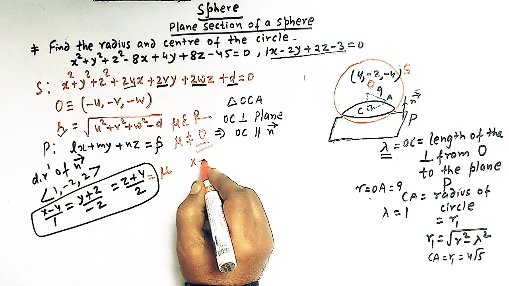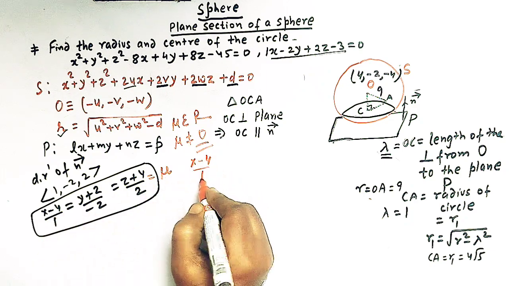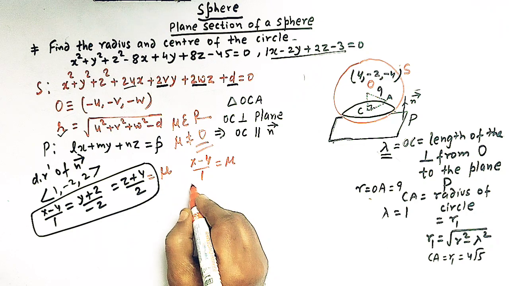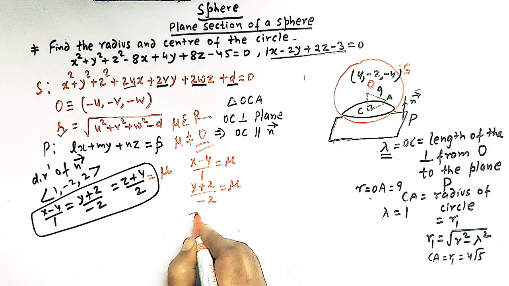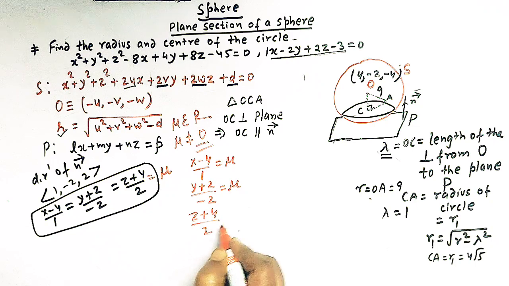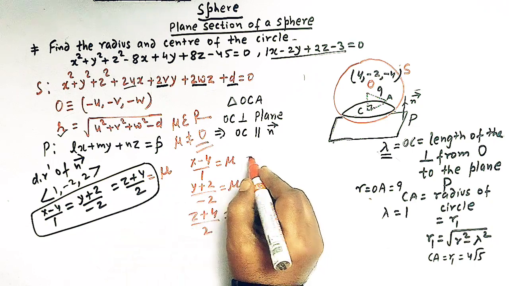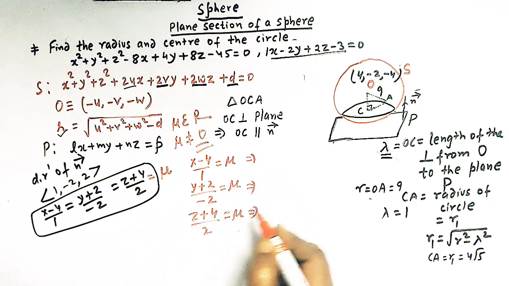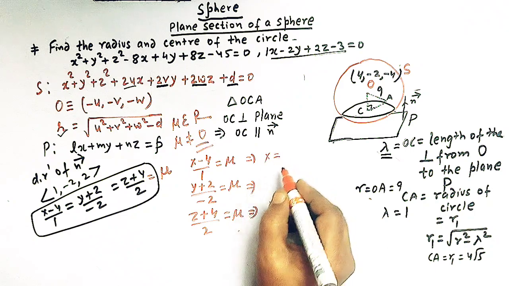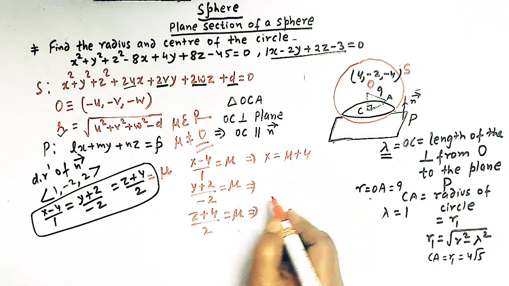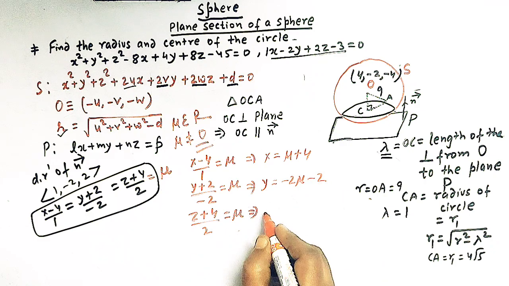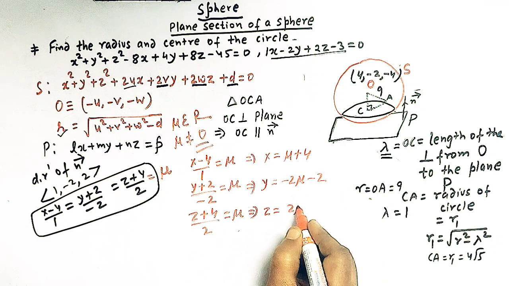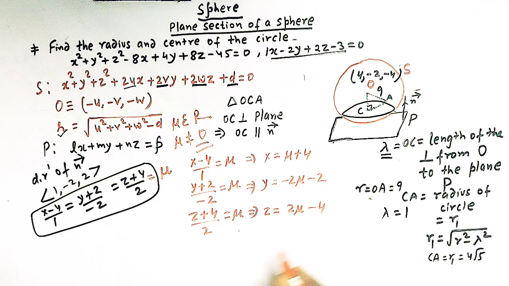So here we can now write (x minus 4) over 1 is equal to mu, then (y plus 2) over minus 2 is equal to mu, and (z plus 4) over 2 is equal to mu. From these three equations, we can now write x is equal to mu plus 4, then y is equal to minus 2 mu minus 2, and z is equal to 2 mu minus 4, right?